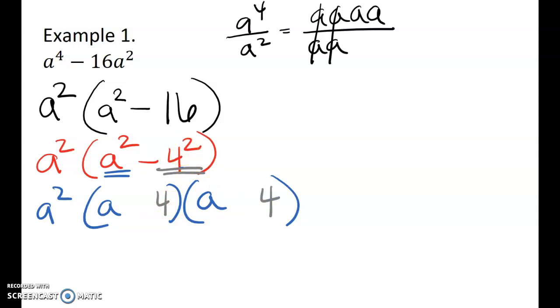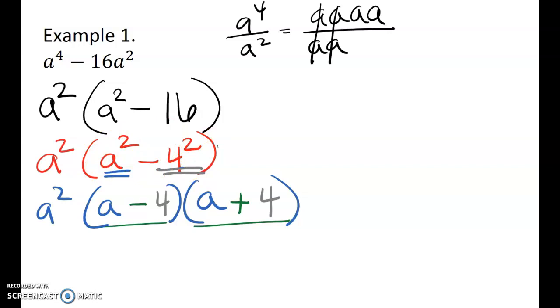And the middle term has to add to 0. There is no middle term in this polynomial right here. If I FOILed out or distributed these two parentheses, I would in fact get this here.